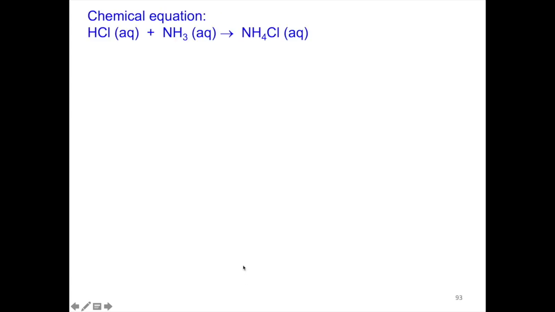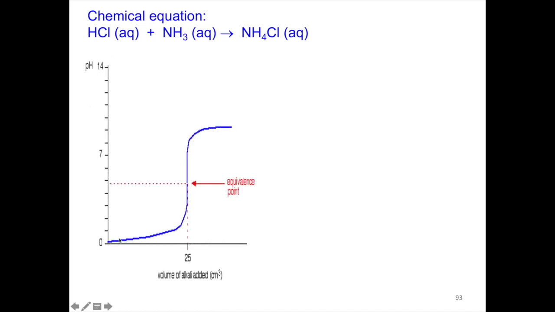Alright, so here is the chemical equation. HCl plus NH3, we get NH4Cl as a salt. And this is the titration curve. We plot pH against the volume of alkali added. So remember that the alkali here is NH3, which is also called the titrant.